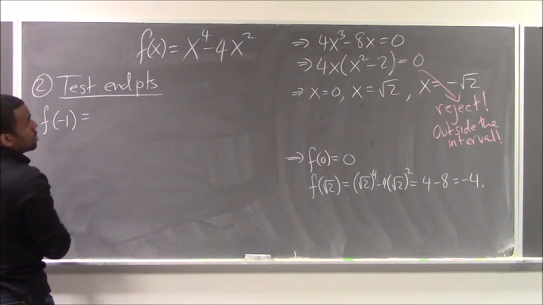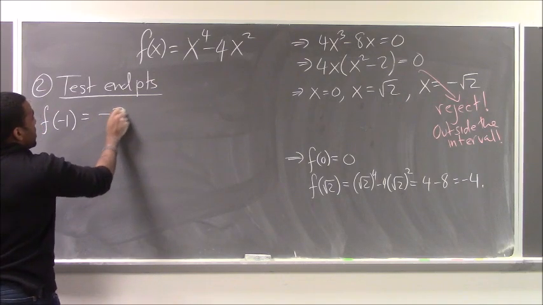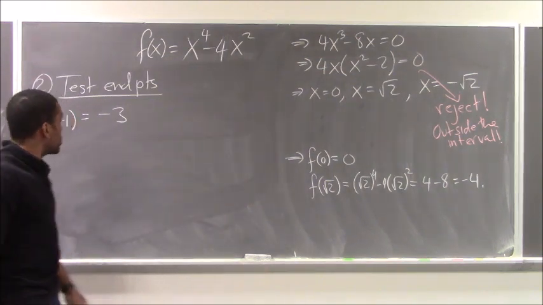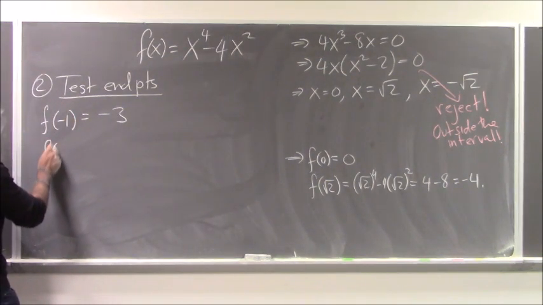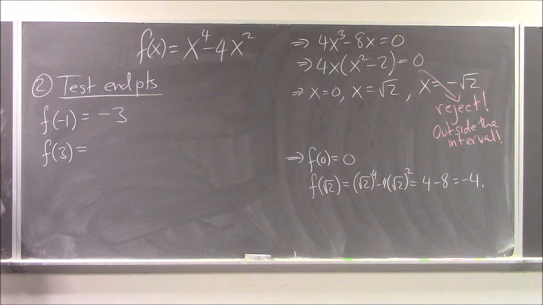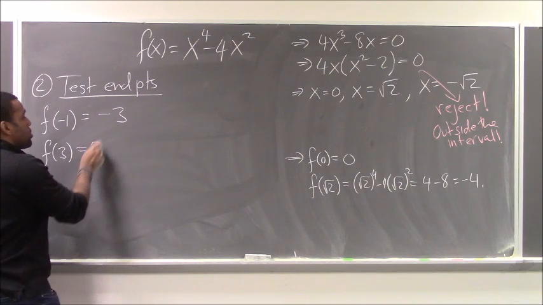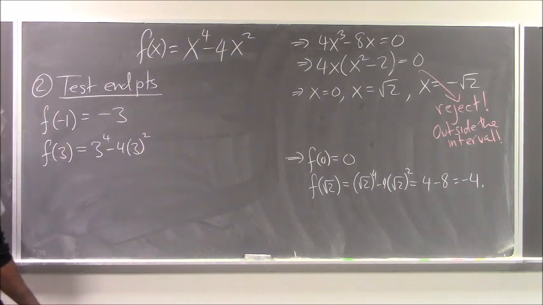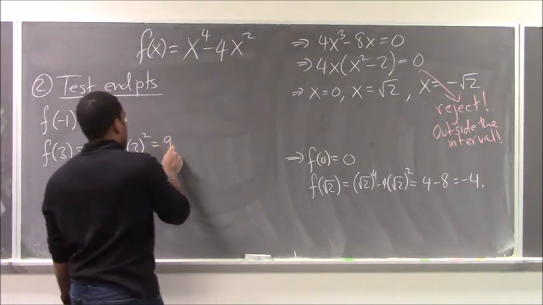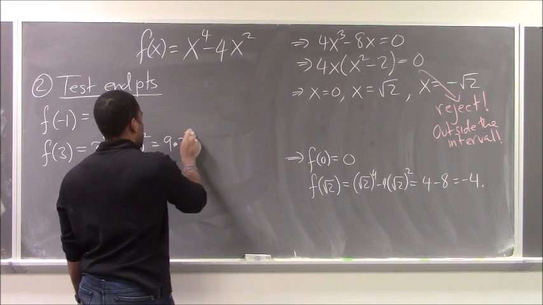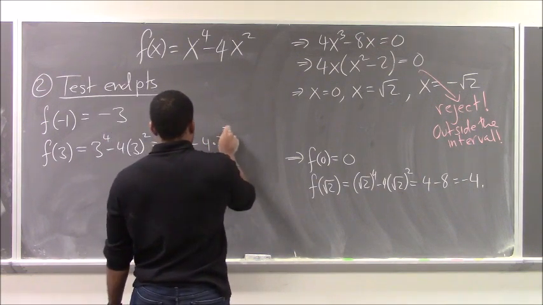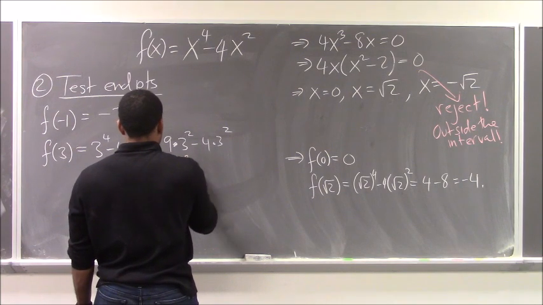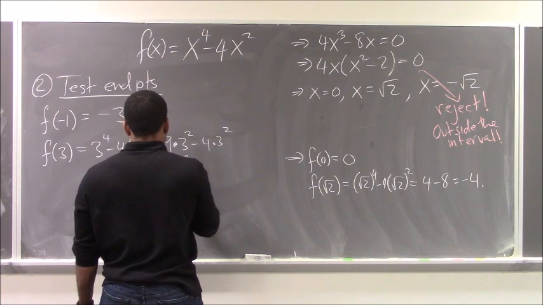Well, that's just going to be minus 3, right, because that's going to give me plus 1 minus 4. Then I'm going to find f of 3. That's going to be 3 to the 4th minus 4 times 3 squared. And that's 9 times 3 squared minus 4 times 3 squared, which is 9 apples minus 4 apples, 5 times 3 squared. So it's 5 times 9, it's 45.